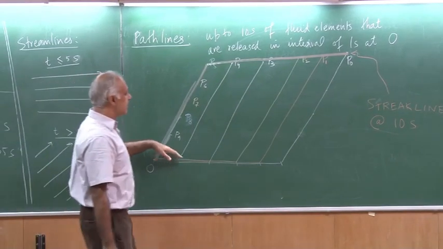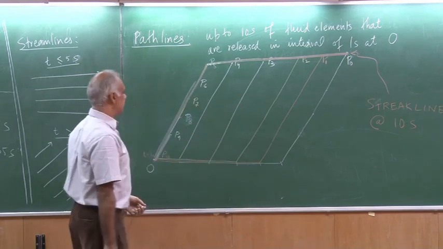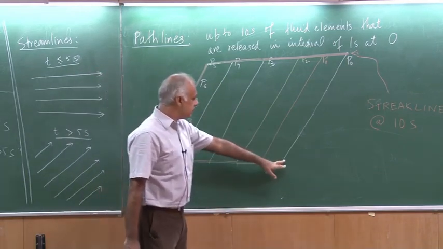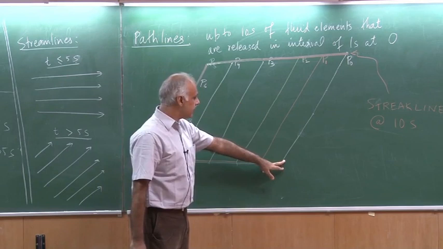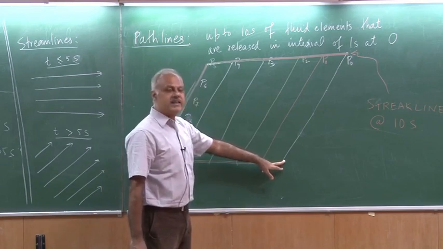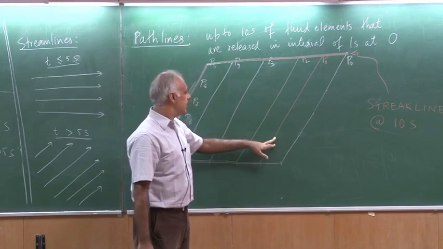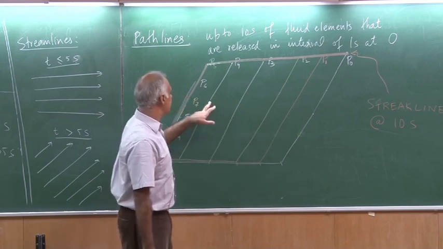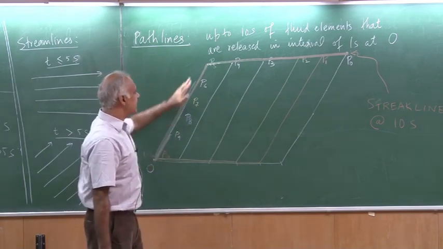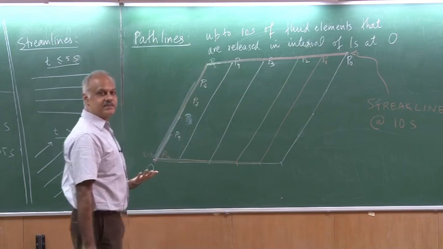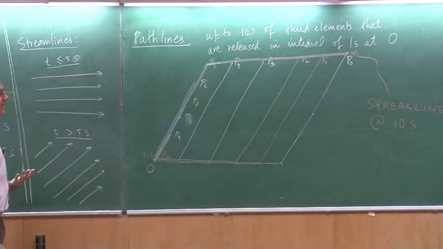So, this is your streamline. I have already drawn the path lines. This was the path line for the particle which was released at t equal to 0, t equal to 1, 2, 3, 4, 5 and so on, and this is the streak line at 10 seconds. Now, you go back and say, I want to find out the streak line at t equal to 9 seconds. You can certainly do that.